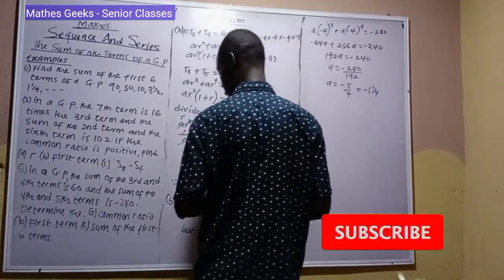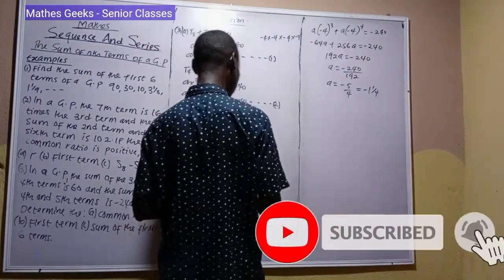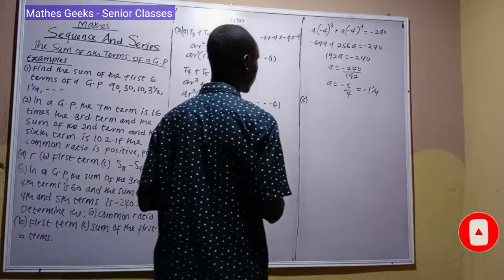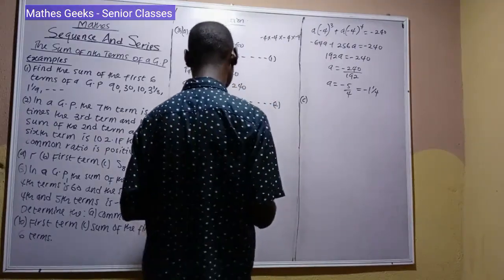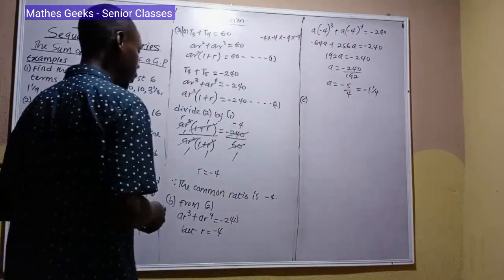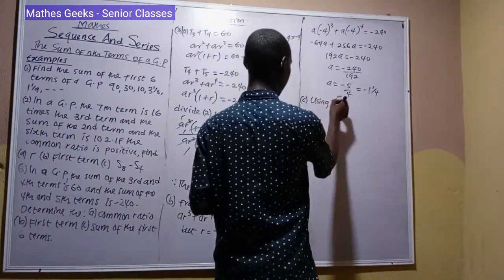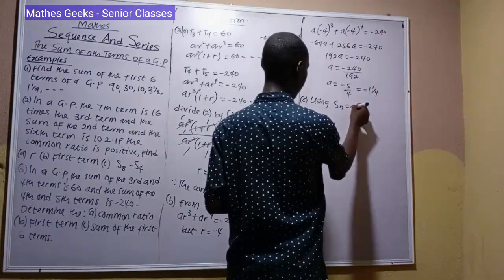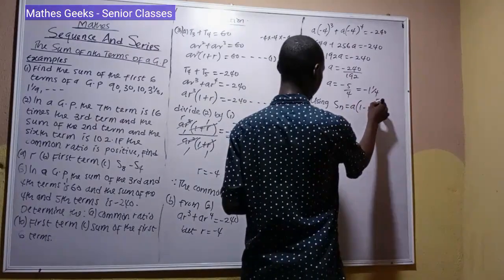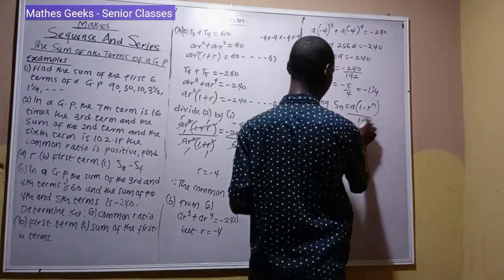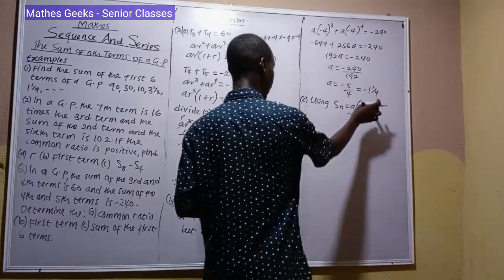Then part C says sum of the first 6 terms. Our common ratio is less than 1. Yes, the common ratio is less than 1. So using Sn equal to a(1 minus r^n) over 1 minus r, because the common ratio is less than 1.